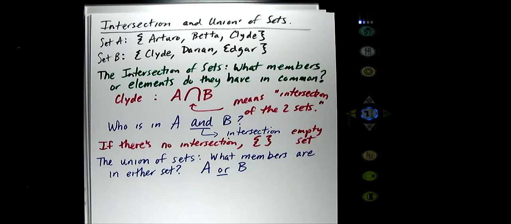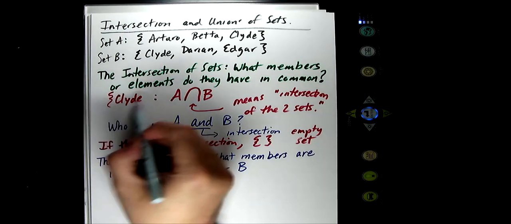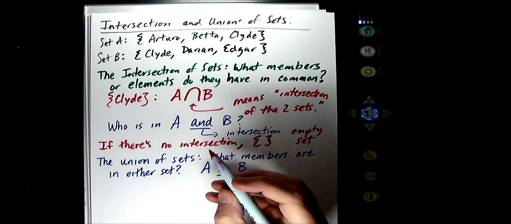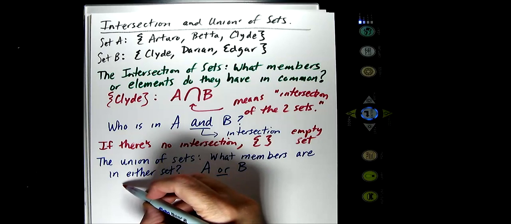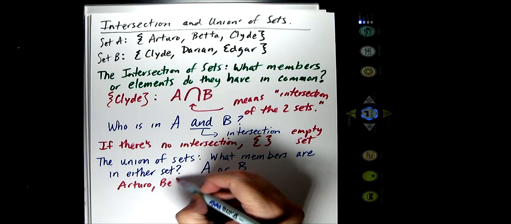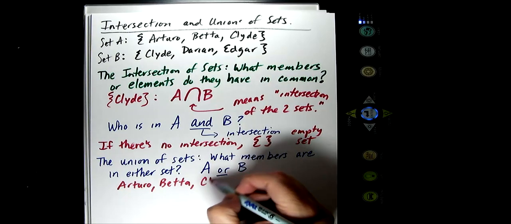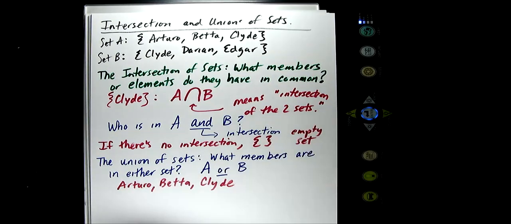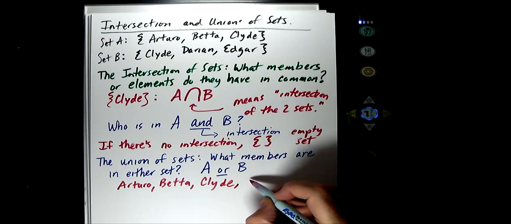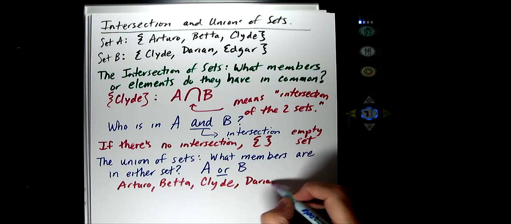Well, we have everyone in set A: Arturo, Beta, Clyde. Then we also have everyone that's in set B that we didn't already put. We don't want to mention Clyde again. It's the same Clyde. So Darian and Edgar.